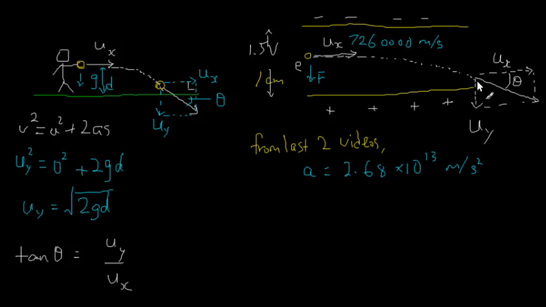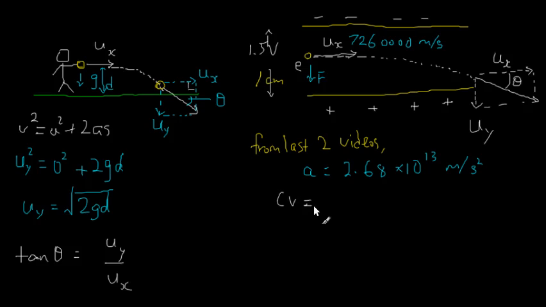Now this other method is this. Instead, I can first find the time it takes to travel from the left side to the right side. Now if I can find the time, then I can find the change in the vertical velocity from the vertical acceleration. Okay, recall that there is a formula.